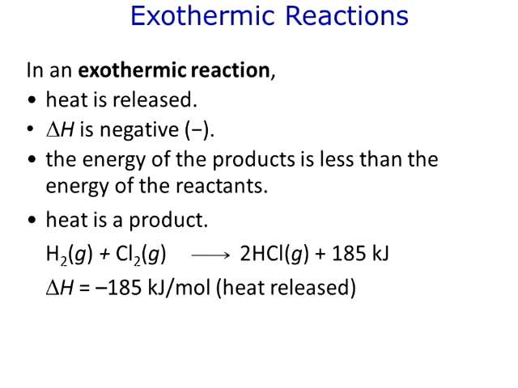Heat is produced according to equations that look like the one shown here for diatomic hydrogen and diatomic chlorine to give hydrochloric acid gas plus 185 kilojoules on the right side of the equation. However, when we report that value as an exothermic value, delta H equals minus 185 kilojoules per mole. That is the heat release.